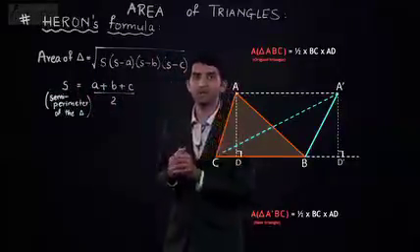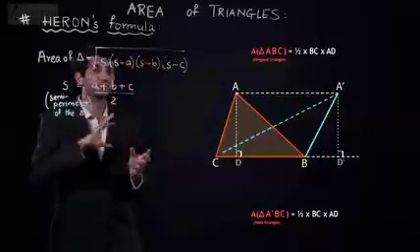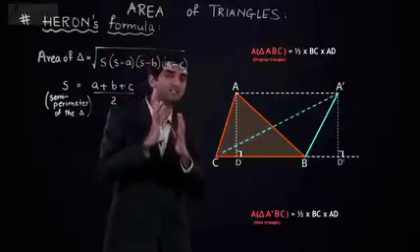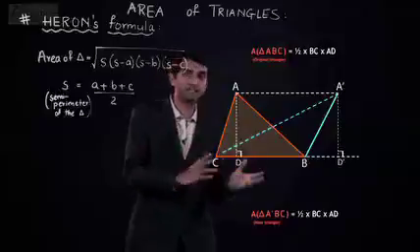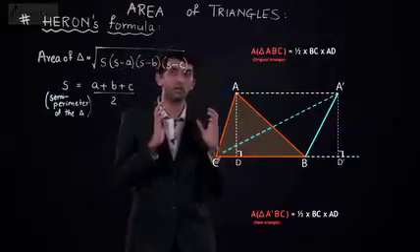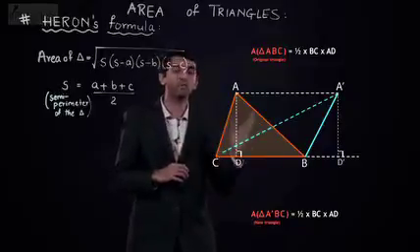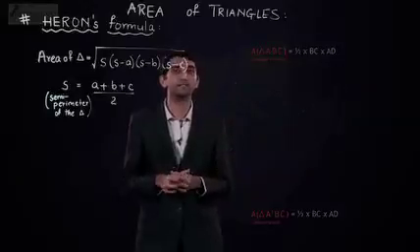So this is the beauty of Heron's formula. Even though the sides are changing, the area still remains the same, because they adjust themselves in such a way that you get the ultimate area as the same value as the original value. So again, the bottom line here is, for a constant base, if you move the opposite vertex in parallel to the base, then the area remains the same.